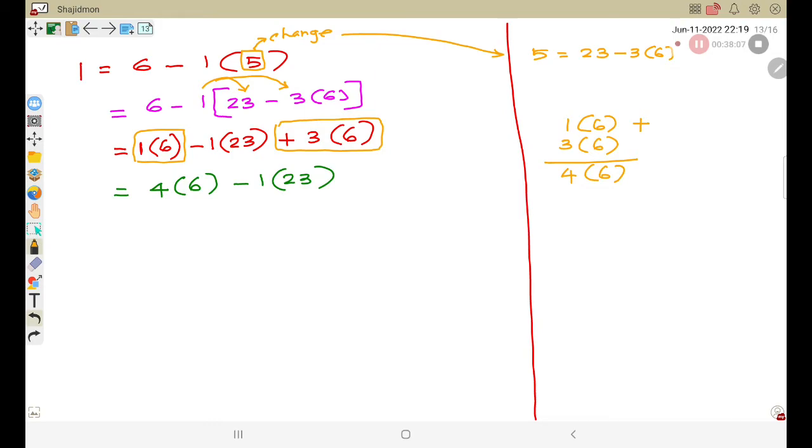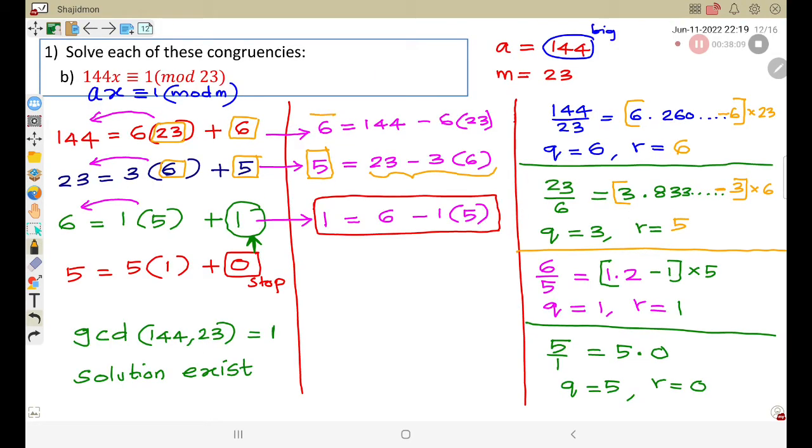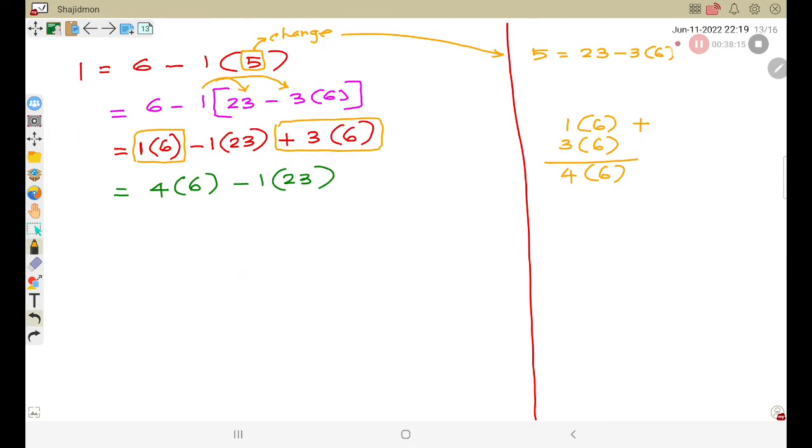Okay. Now which number do we need to change next? 6. What is 6? 144 minus 6 multiply 23. So this number 6 we need to change. Okay, so we write 4 multiply, using this bracket, 6 means 144 minus 6 multiply 23, and minus 1 multiply 23 stays the same.